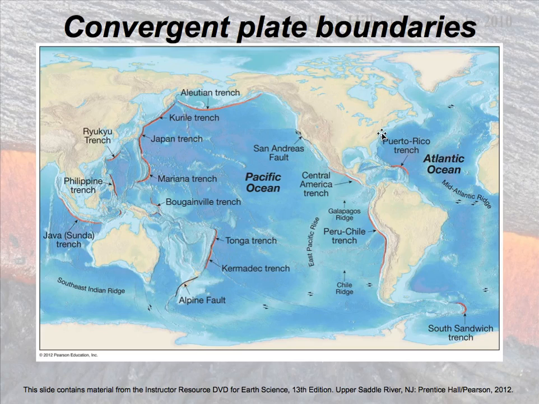And that's usually controlled by density differences. So basaltic crust or oceanic crust is much denser than granitic or continental crust. If you had the same volume of granite and basalt, say a baseball-sized mass of each, the basalt mass would be heavier, would weigh more, would have more mass than the granite. That's because it's denser.